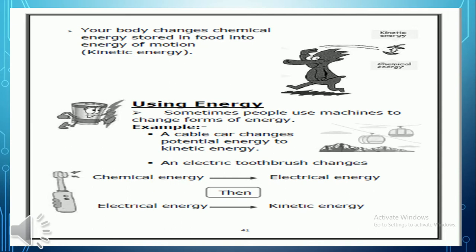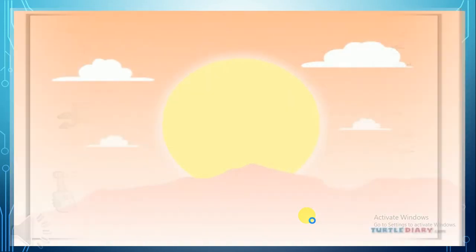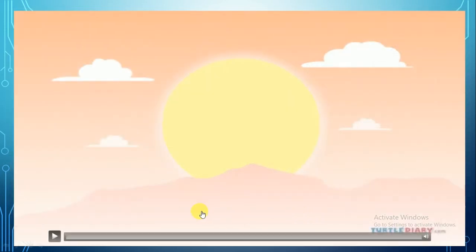Anyone can tell me? Battery. Good job. So chemical energy stored inside batteries changes to electrical energy. Excellent. Then electrical energy changes to kinetic energy. Okay, so let's watch this video together to know more about transformations of energy, meaning change from any kind to another.